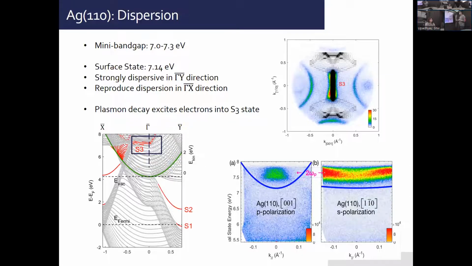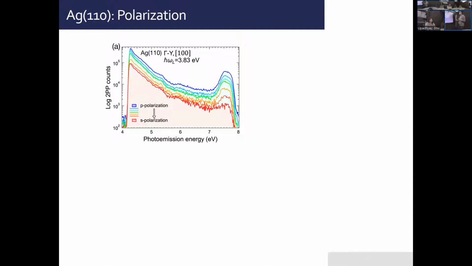Another very interesting thing about the silver 110 is the polarization dependence data. So along the gamma y direction, this is the p-polarized light excitation, and this is the s-polarized light excitation. And we can see that the signal in p-polarized light is higher than in s-polarized light.